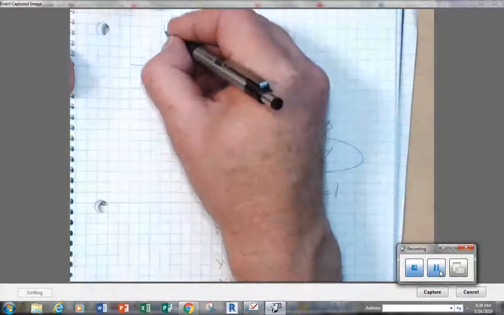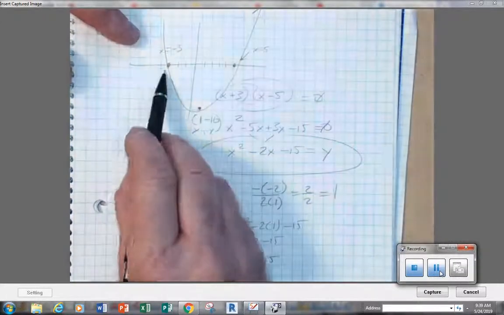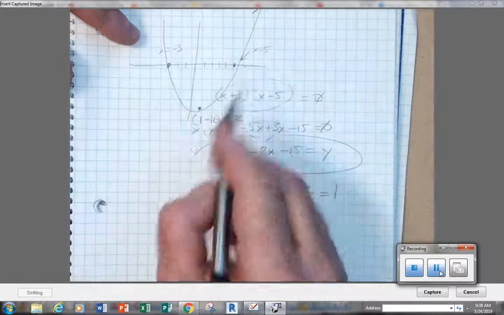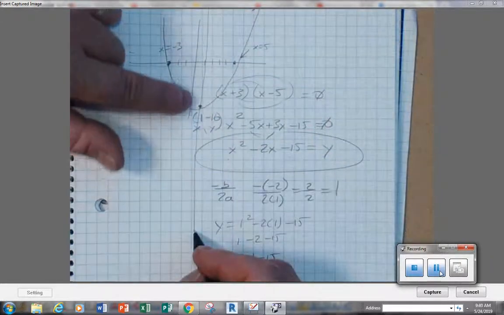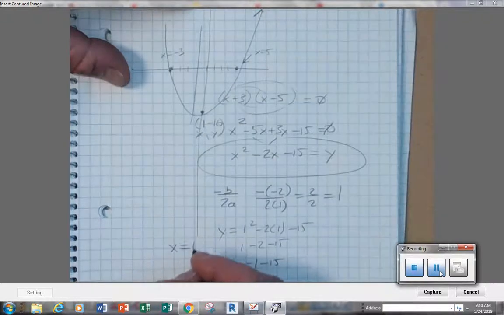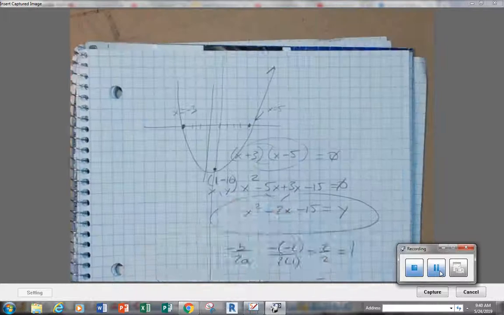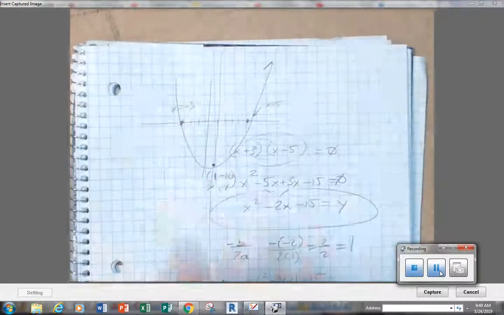It's opening up. It's touching the x-axis at my roots, negative 3 and 5. And of course, my line of symmetry cutting right through the vertex is this x equals 1. That's the equation of the line of symmetry with those for its intercepts.